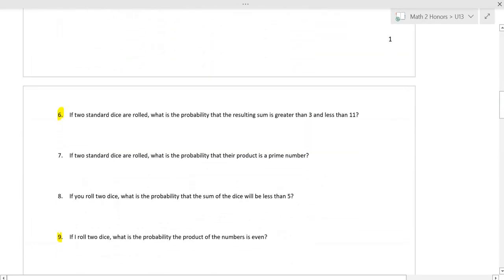Number 6, if 2 standard dice are rolled, what is the probability that the resulting sum is greater than 3 and less than 11? So again, you want to be able to count what we're working with here. We know that when you roll 2 dice, there's 6 possibilities on each, so there's 36 outcomes. So it's nice to look at all 36 outcomes to answer some of these questions.